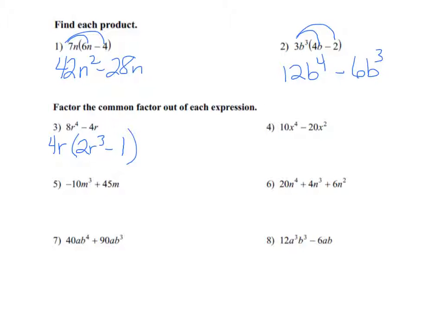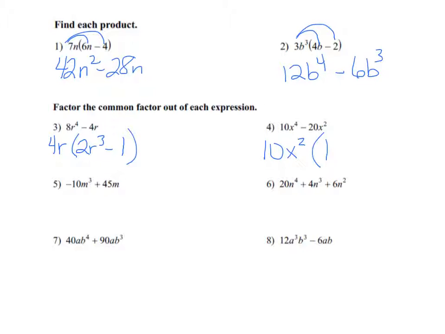Okay, let's try number 4. Let's do it again. I look at that and I say, what's the common factor that goes into 10 and into 20? That'd be a 10. And then how many x's can I pull out? Well, I pull out whichever one has the fewest, so it's going to be an x squared. And so 10 divided by 10 is 1.